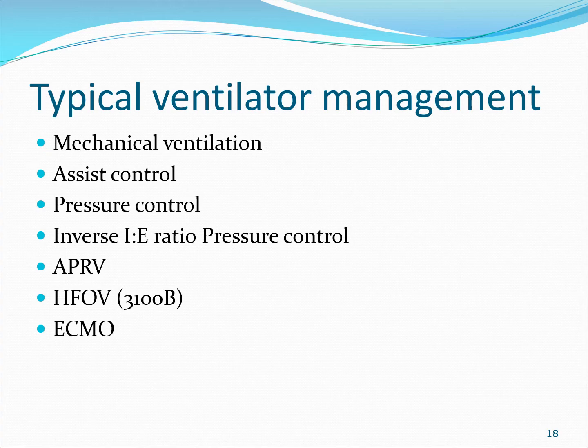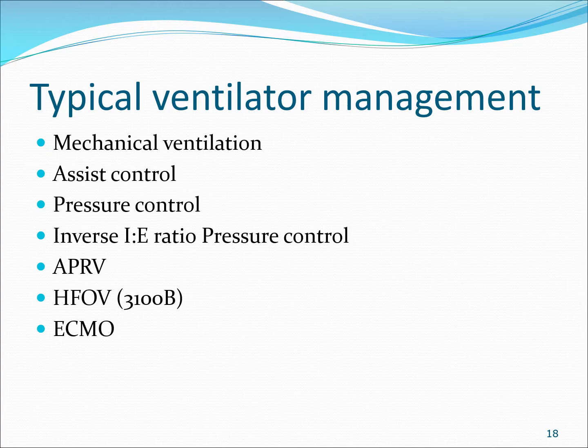So the point I'm trying to make is, if you start with APRV early, you could avoid the assist control issue, the pressure control issue, and the inverse IE ratio pressure control. APRV is like inverse IE ratio pressure control ventilation, but the IE ratio with APRV is more like 9 to 1. Remember, with pressure control ventilation you have an inverse IE ratio of 2 to 1, but with APRV it's 9 to 1.